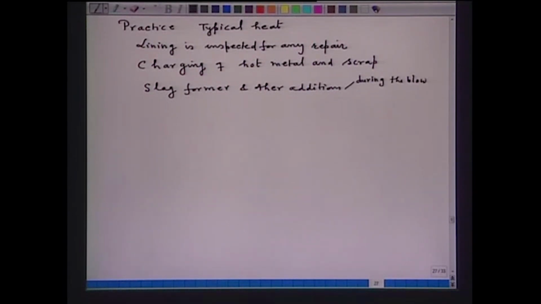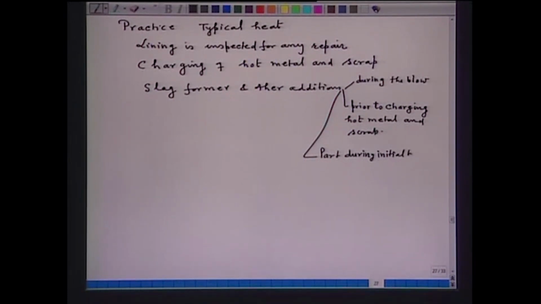It varies from practice to practice: either prior to charging hot metal and scrap, or part during the initial blow and the rest thereafter.